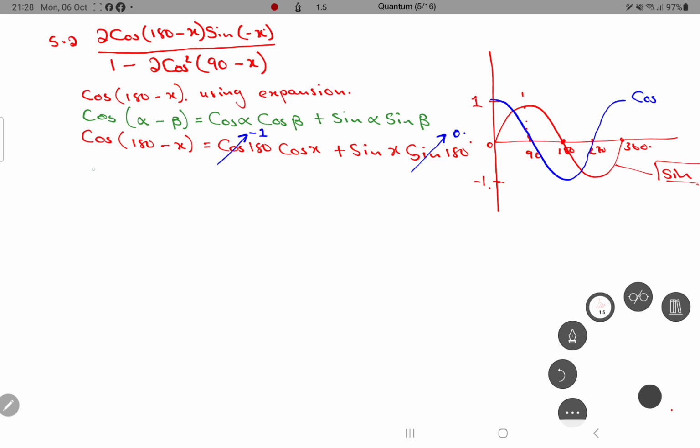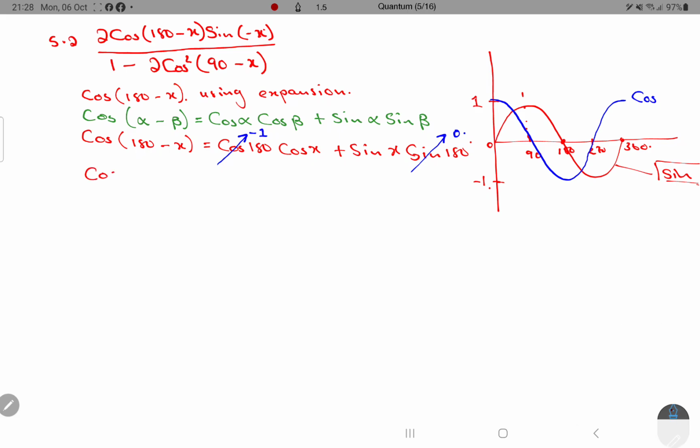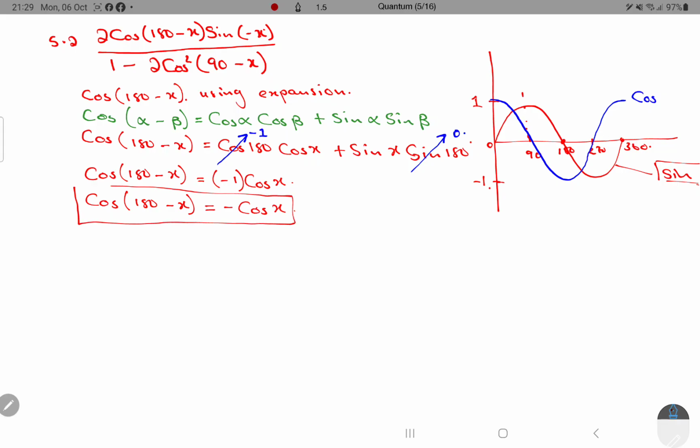Cos of 180 minus x is equal to minus 1 times cos x. That is, cos of 180 minus x is equal to minus cos x. So this is one thing we need from the first part.